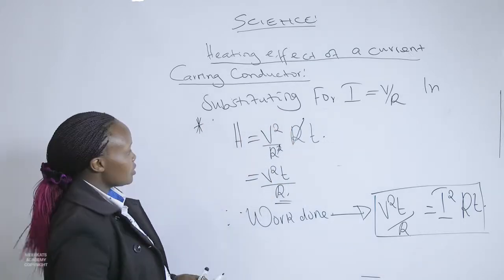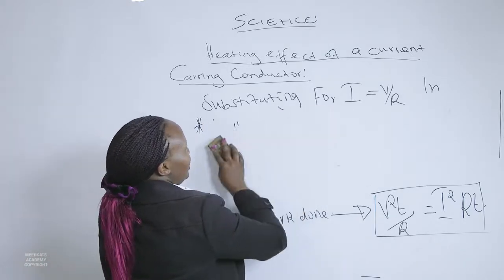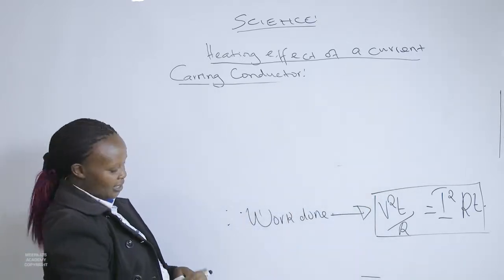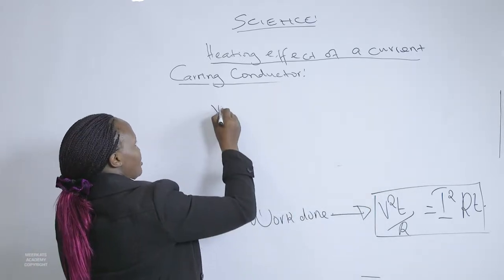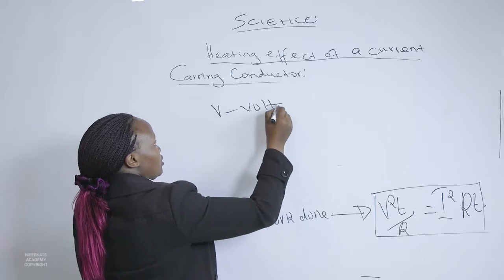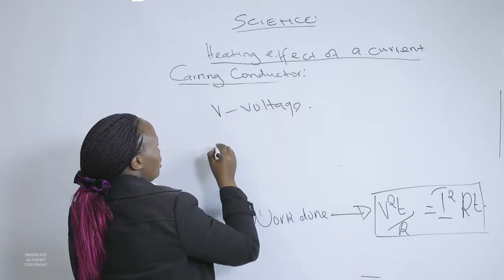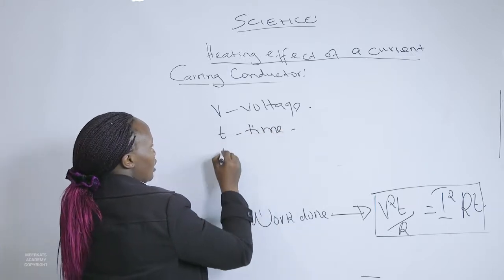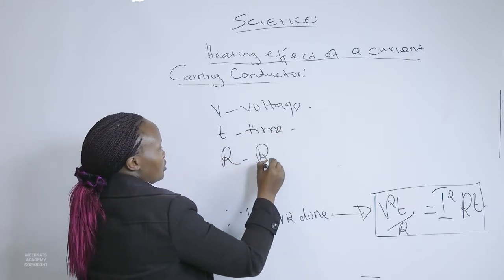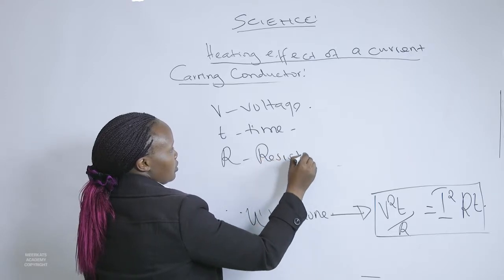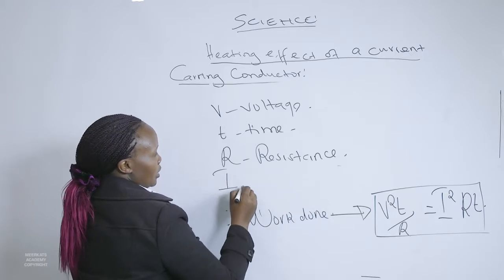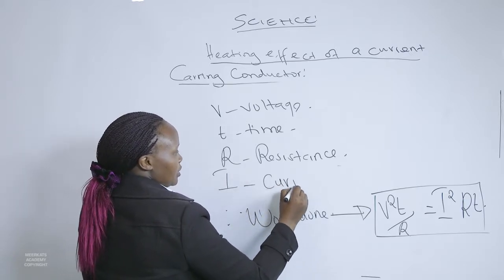So in our case here, V is our voltage, T is the time factor, R is the resistance, I is the current.